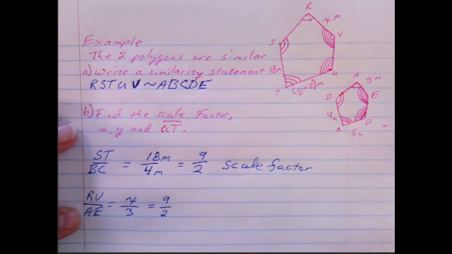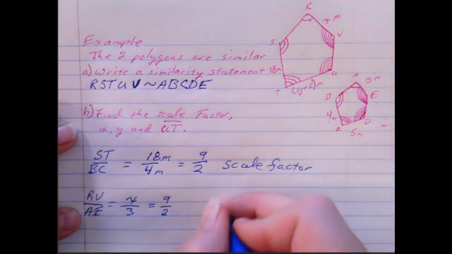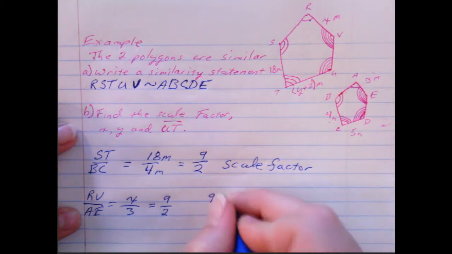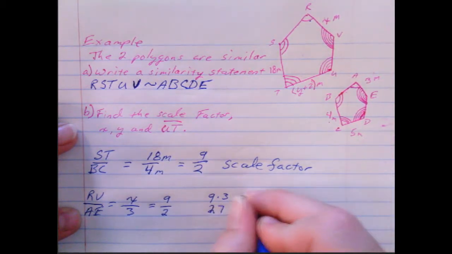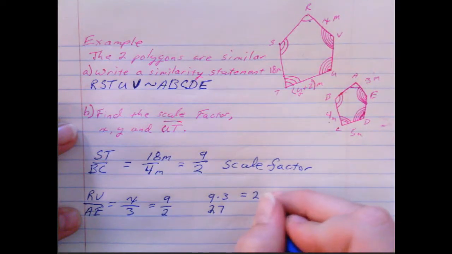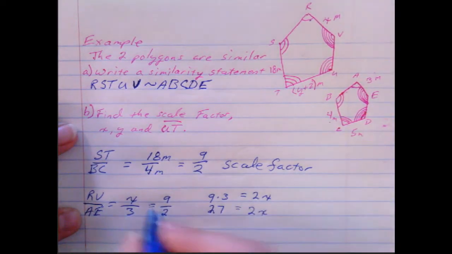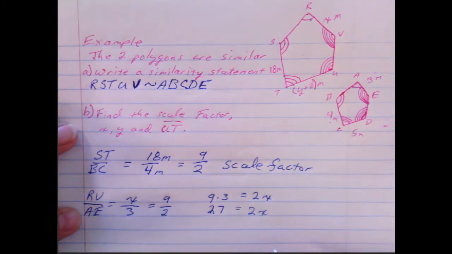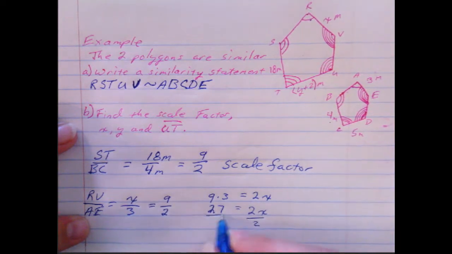Okay? Then from there, I'm just going to be solving for x. I can take 9 times 3 is 27 equals 2 times x, which is 2x. So I'm just cross multiplying. Then I'm going to divide by 2.